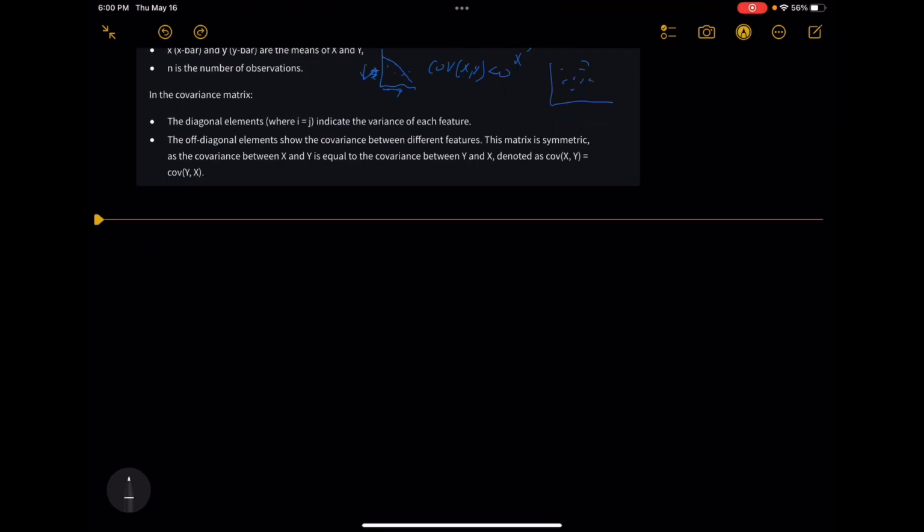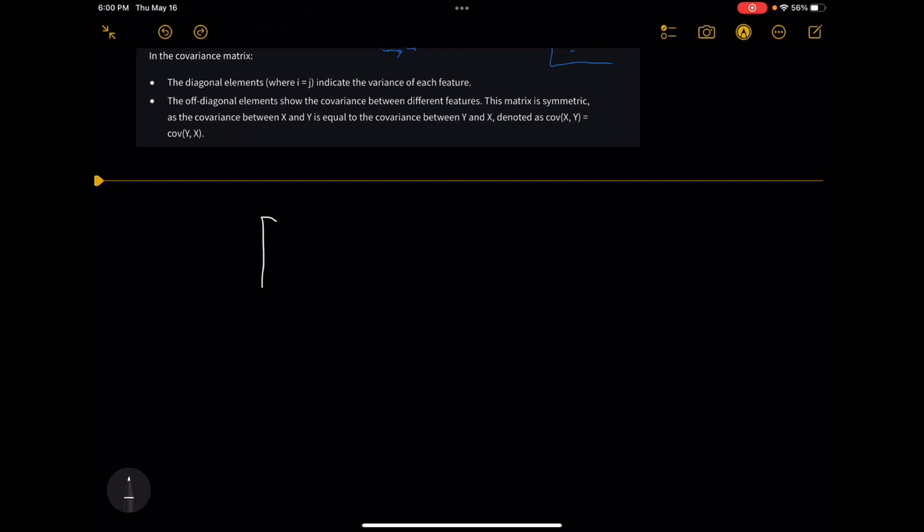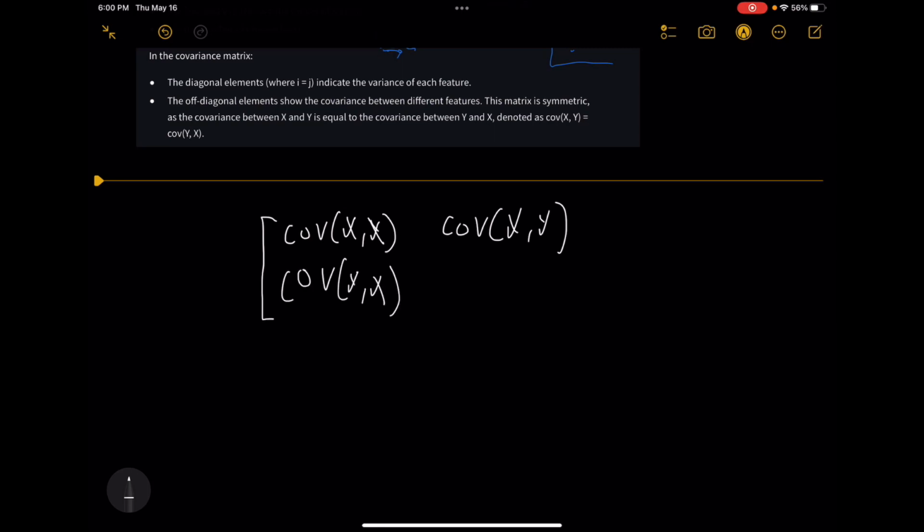Theoretically, a covariance matrix looks like this. So it's the covariance of x comma x. It's covariance of x comma y. I know this is a little confusing. We'll go over it in more detail shortly. This is y comma x. And this is y comma y.